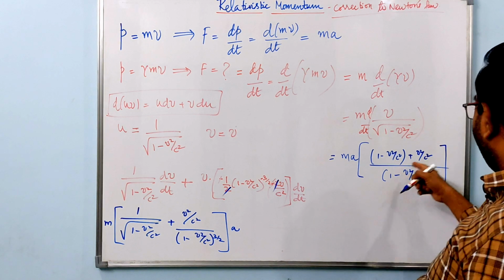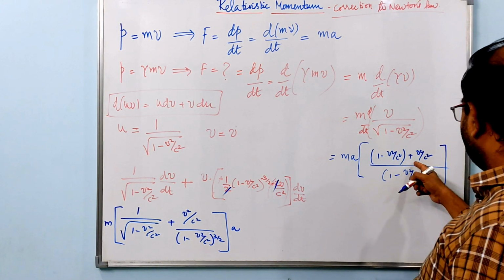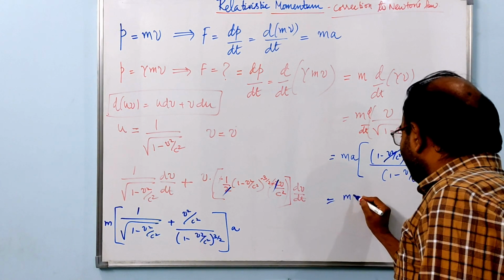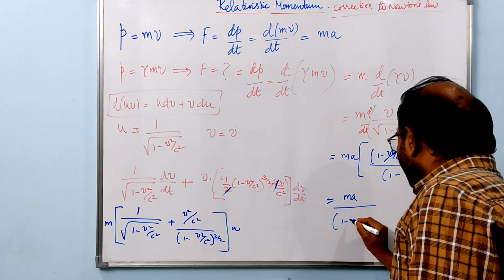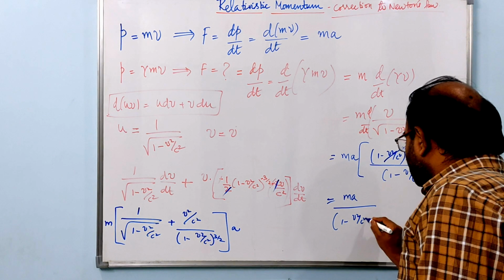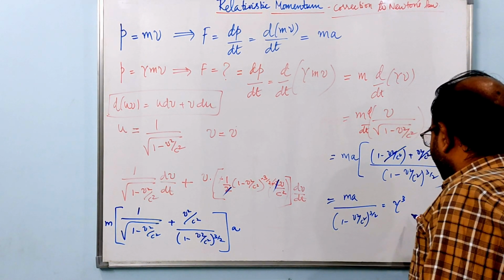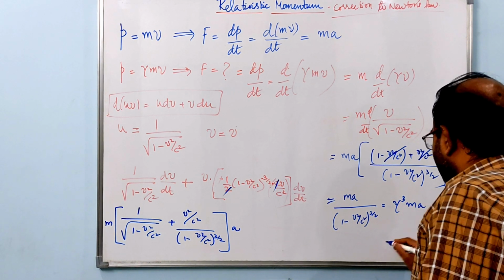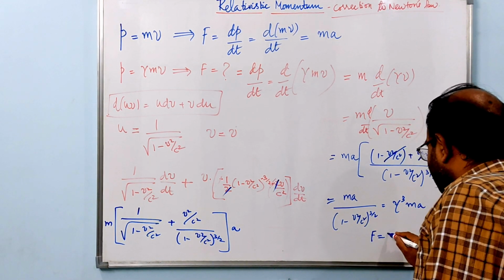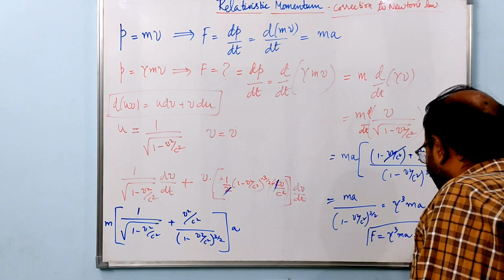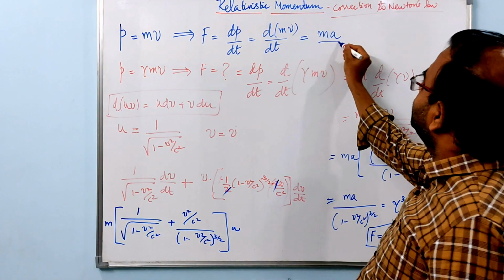So these two terms will cancel, and effectively we have ma over 1 minus v squared over c squared to the power 3 by 2, which is gamma cubed times ma. So this is the correction that happens to Newton's second law.